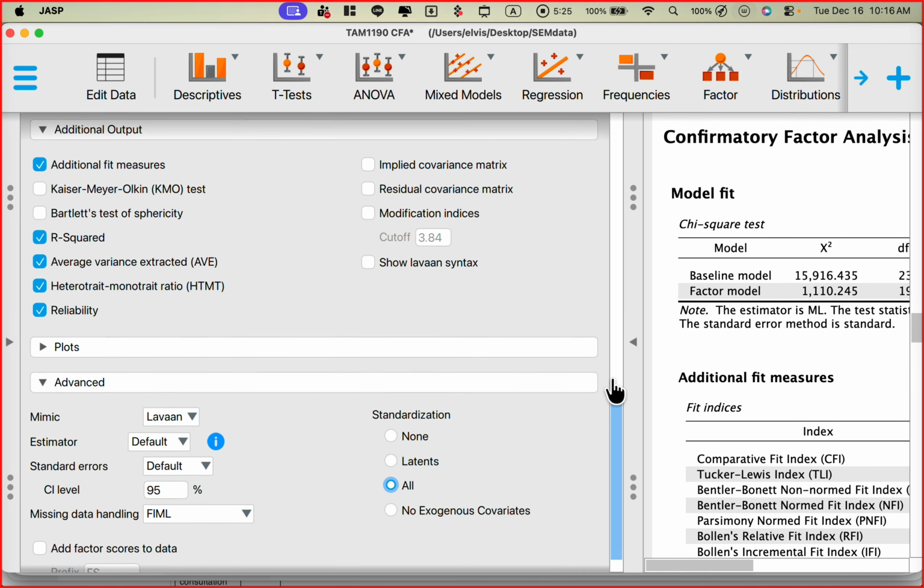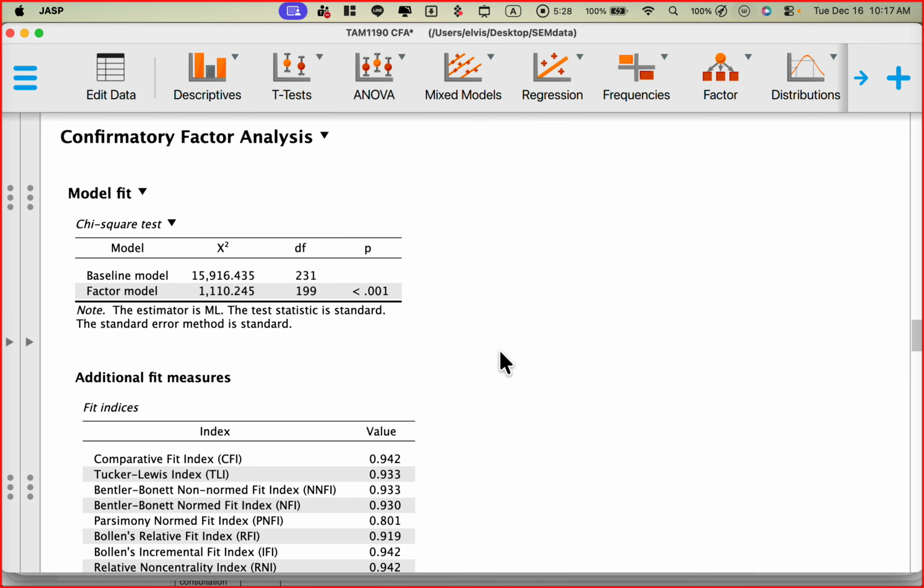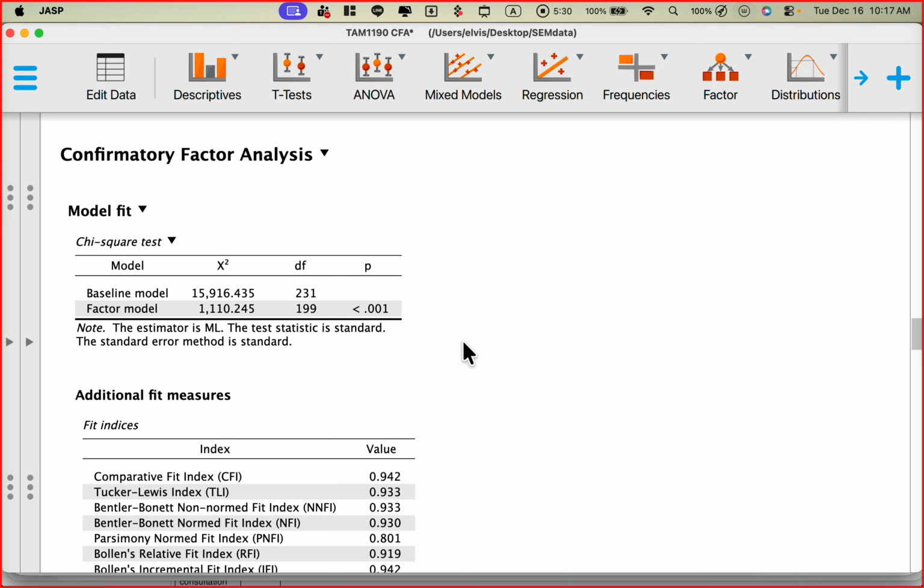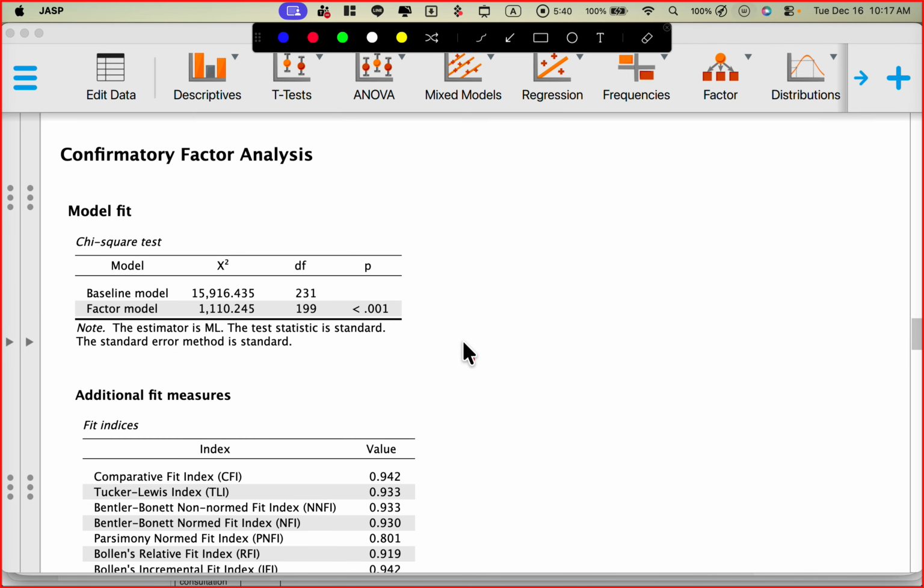Now it's time to take a look at the result. We use different indexes to measure the model fit.